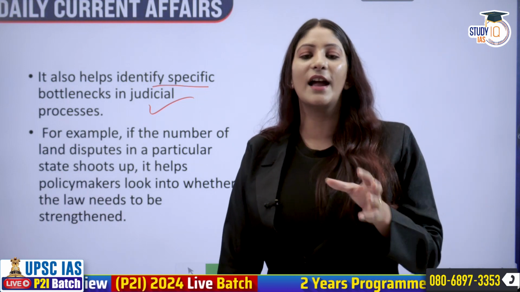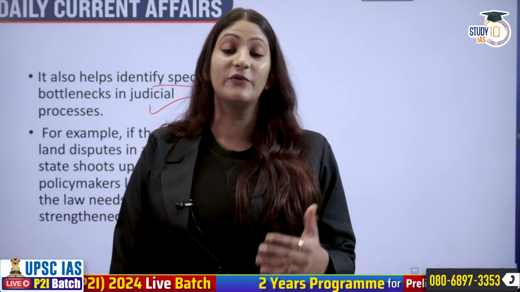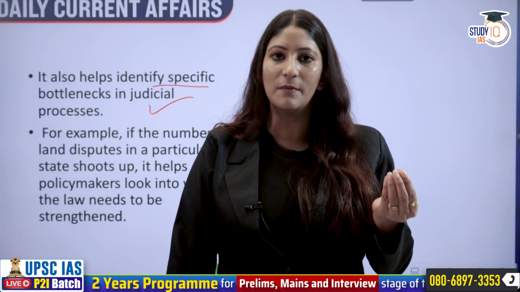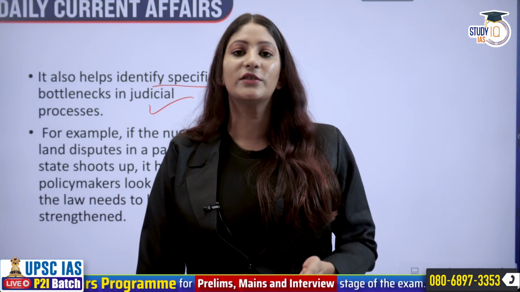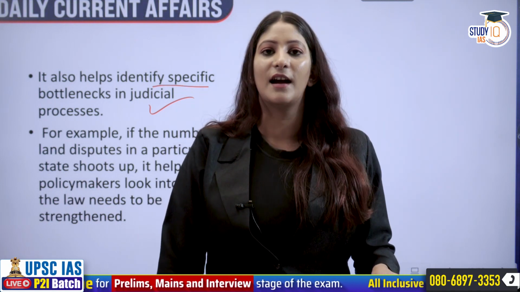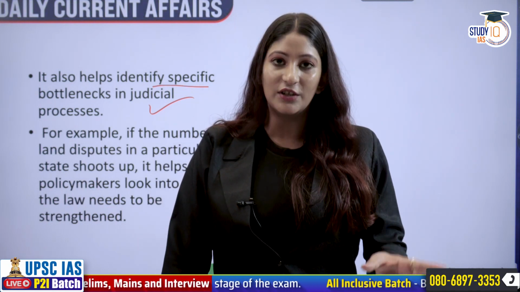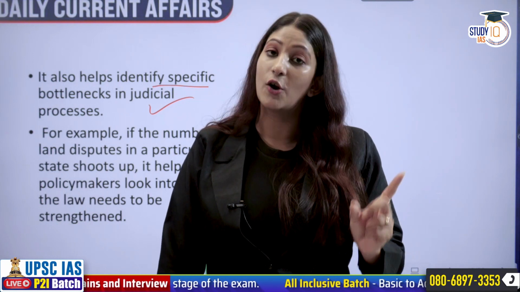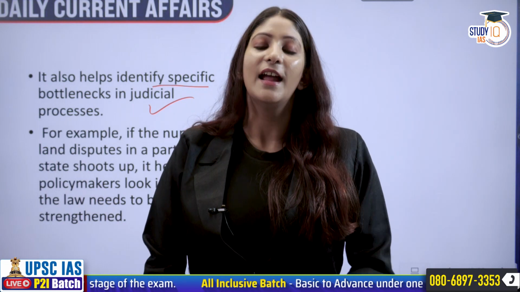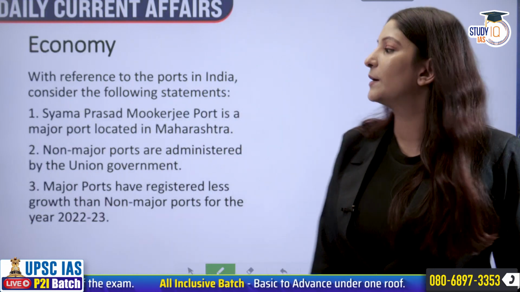Supposedly, the CJI and the different monitoring committees will look at the data on this repository, and they see that the land cases have shot up so much. There are so many issues with respect to land. Then what will happen? They will ask what policies are wrong with respect to land records. The government will revisit that. Maybe the Supreme Court will revisit that and we will try to smoothen the entire process.